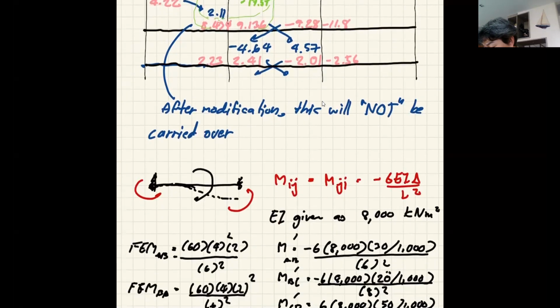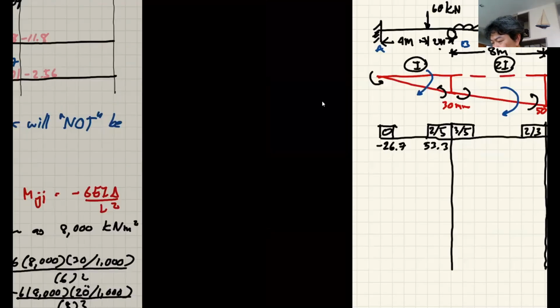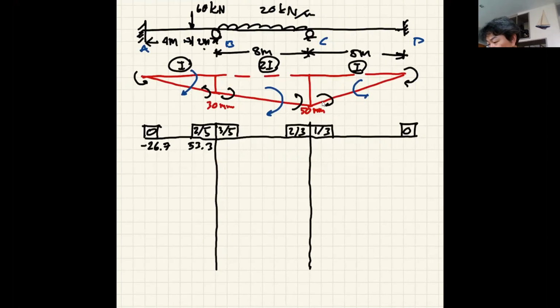The FEM BA should be, it's not easy to remember the formula, right? Because the load is there. This is 2 square. This is 4 square, right? My apologies, FEM BA should be greater than AB because the 60 kilonewton is closer to B than A.